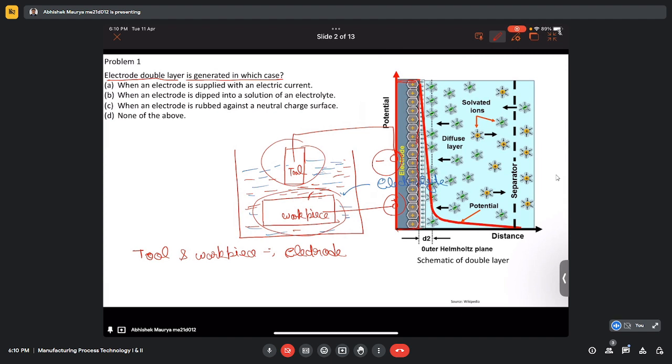The left side of this diagram shows an electrode which has positive charge. But in the electrolyte, we have both kinds of charges: these are negative ions, and these are positive ions. So the electrolyte consists of both types of ions. This is the interface which I am showing.